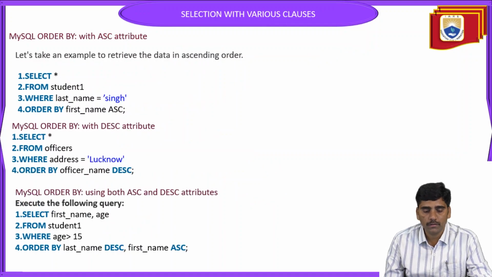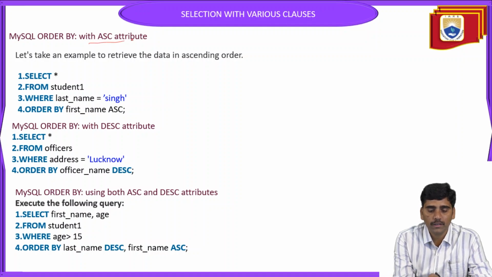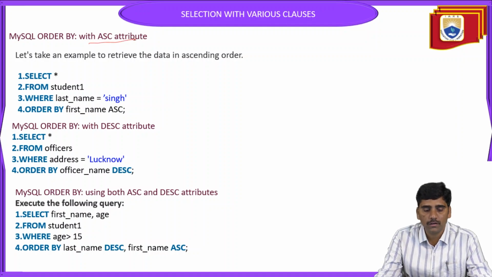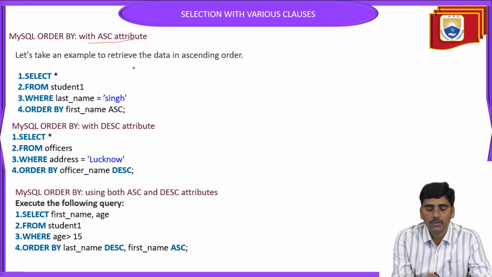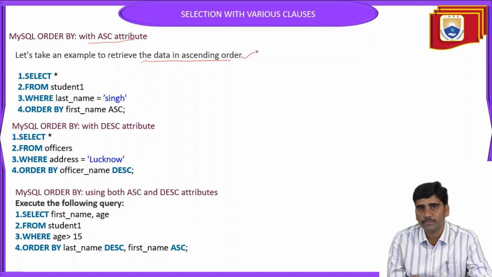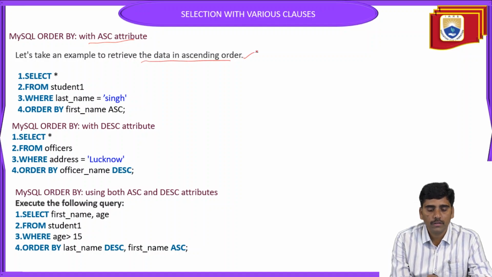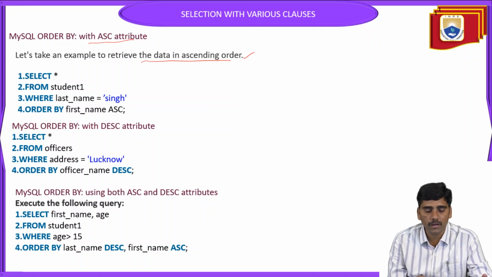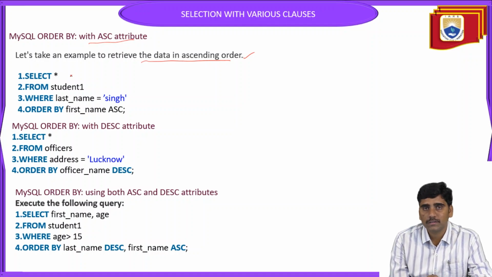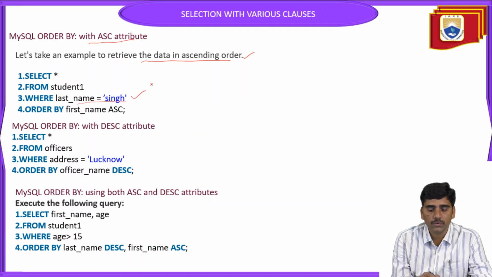MySQL ORDER BY with ascending order. There you need to specify it. Let us take an example to retrieve the data in ascending order. You need to mention the first name in ascending order. So: SELECT * FROM student1 WHERE last name equals Singh ORDER BY first name ASC.